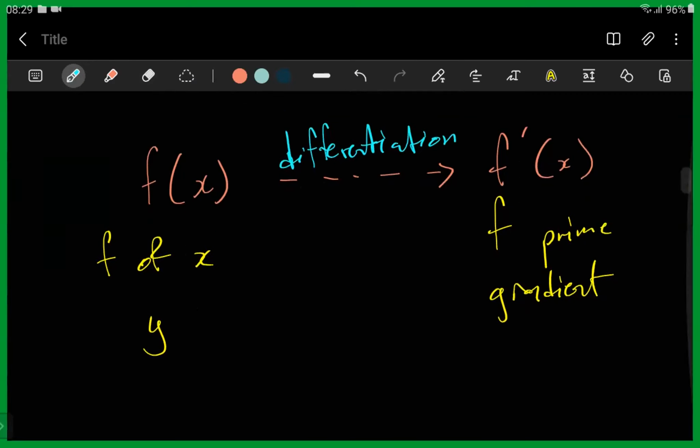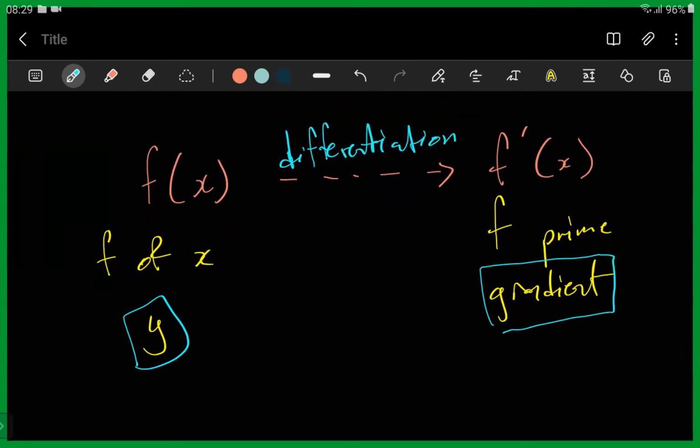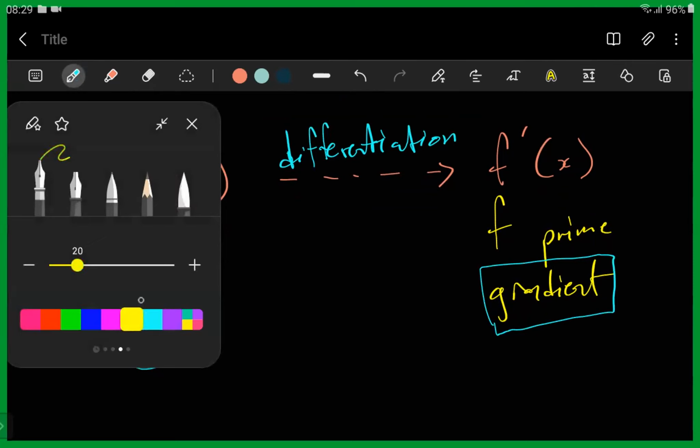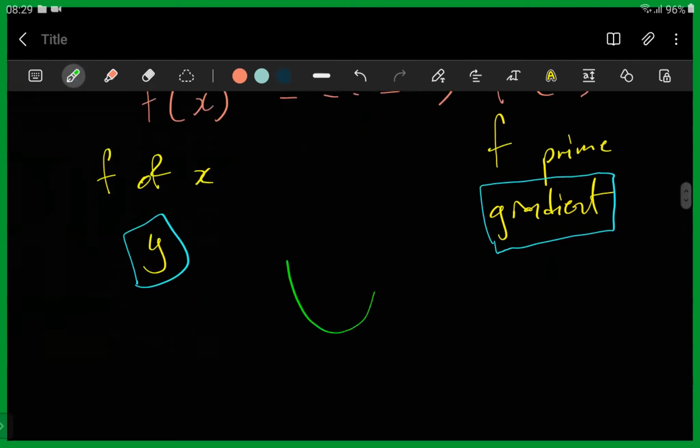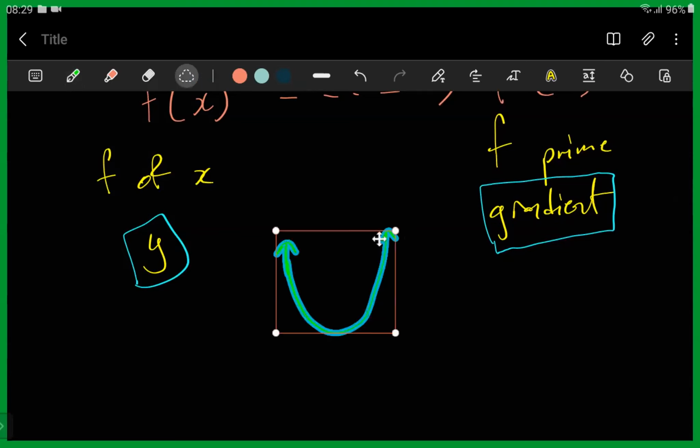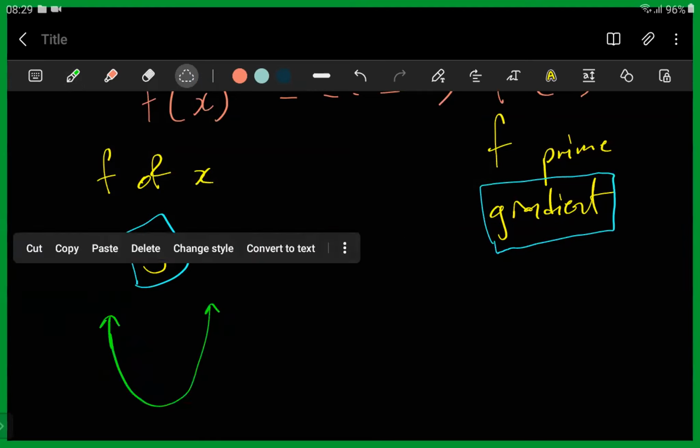You'll basically be going from an equation that gives you y values as an output if you give it x, to an equation that gives you gradient as an output if you give it x. A visual illustration: say you have a parabola.